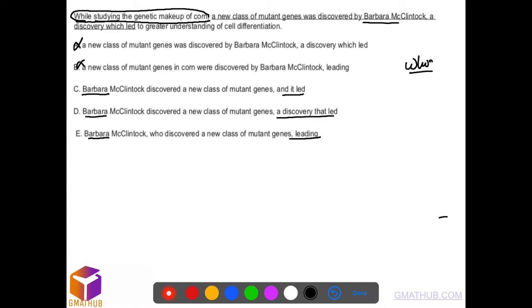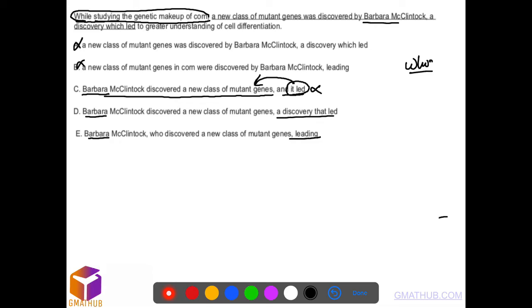Now what led? The discovery led. It doesn't give me any indicator as to what led. Does it refer to the mutant genes? No, it cannot. It has to refer to the discovery.